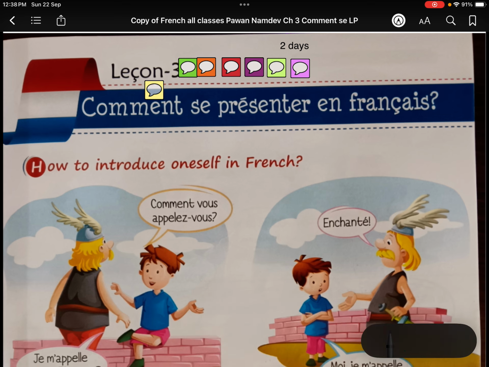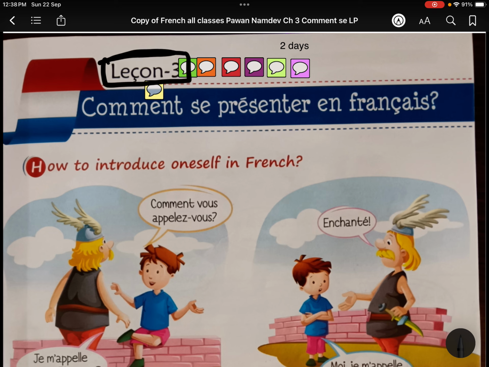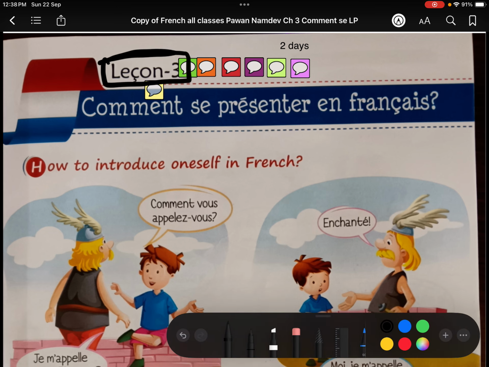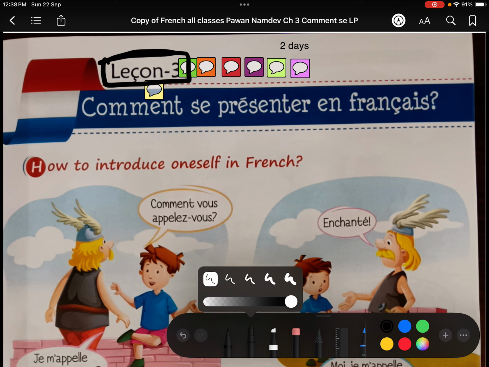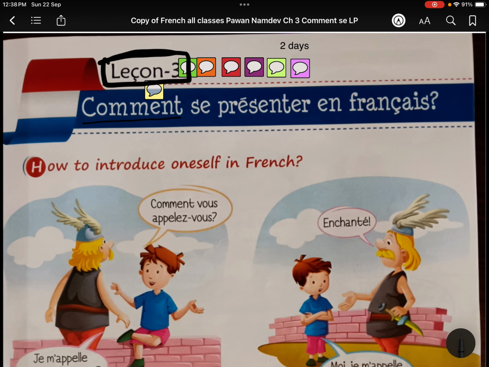Alright guys, first of all, lesson number three, that is comment se présenter en français. Comment se présenter en français. I have just told you, the meaning of comment is how, and présenter, we are having er, that means it is in infinitive form.